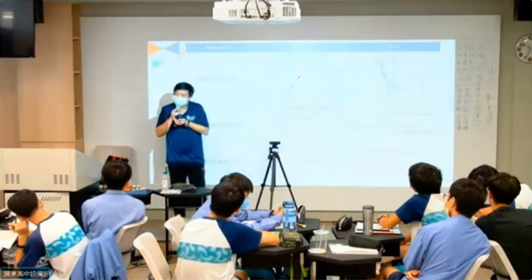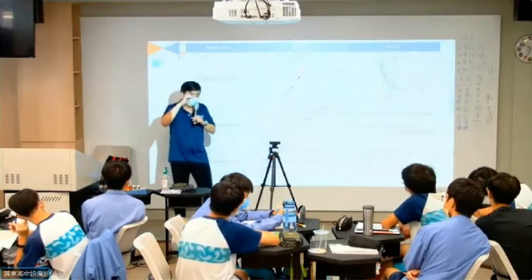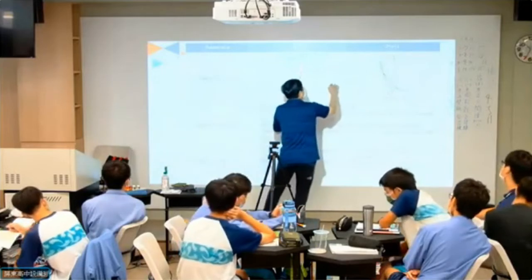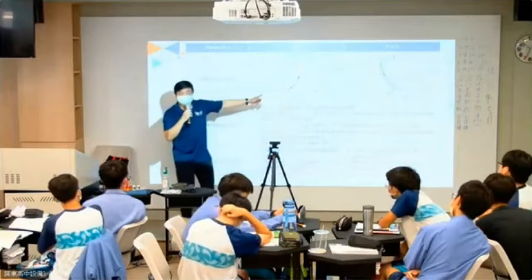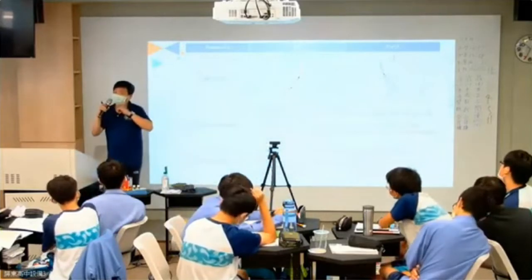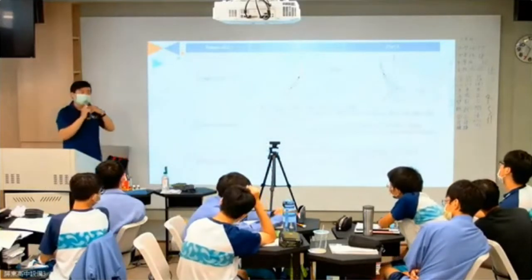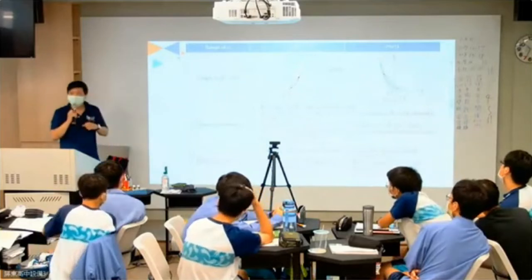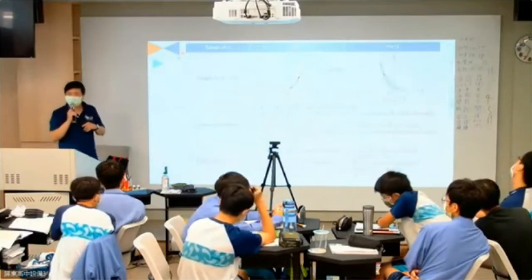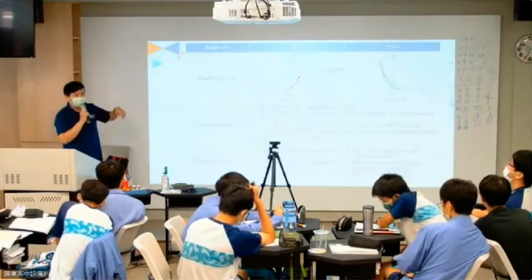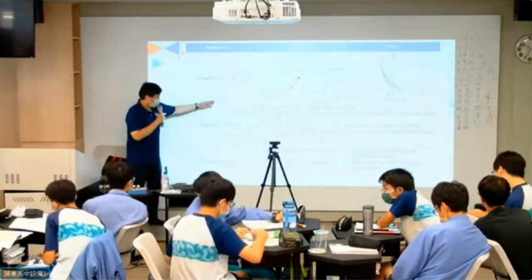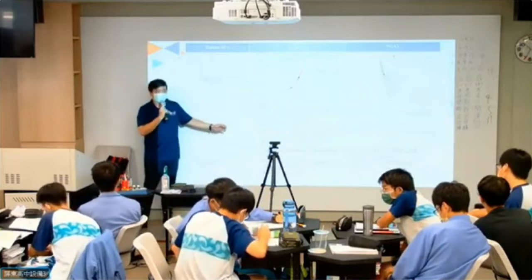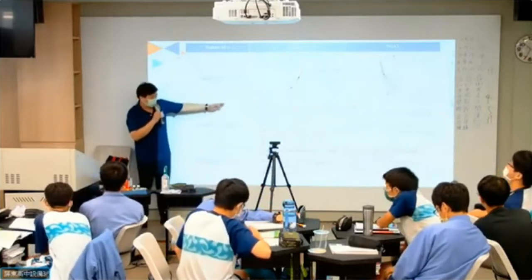No, it's concave downward, because the line segment is always below the graph, right? So you can determine what kind of situation is concave upward and what kind is concave downward.